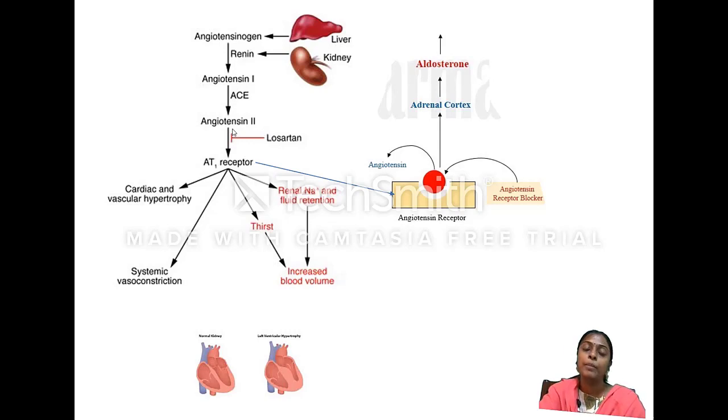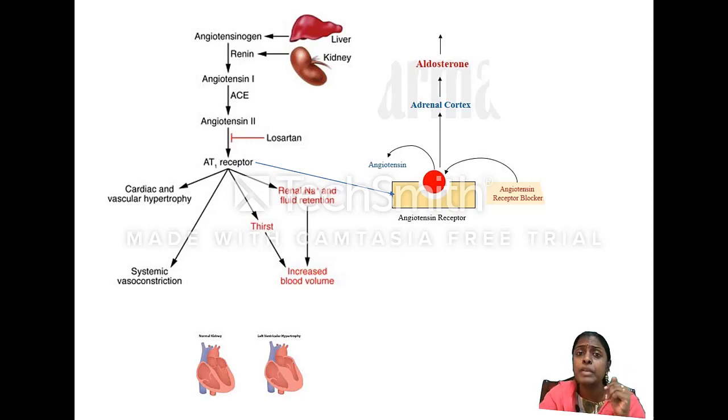Okay, and angiotensin 2 will go and bind to the angiotensin receptor. While it is binding, it will do two functions. First, it will cause cardiac and vascular hypertrophy. I already told you what hypertrophy is.